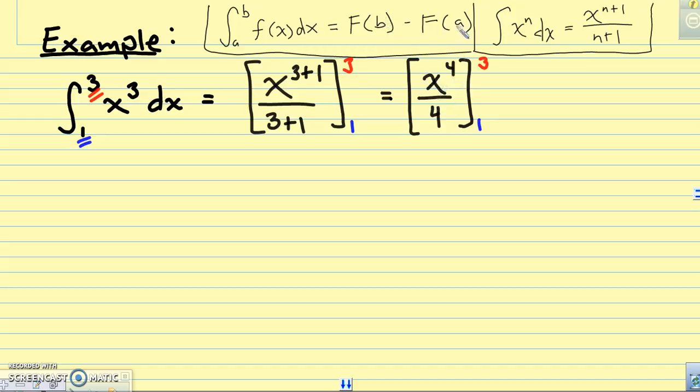So I'm going to plug in the b and the a. In this case, the b is 3, the a is 1. So what this now becomes is 3 to the 4th power over 4 minus 1 to the 4th power over 4. And then we just compute to get our final answer.